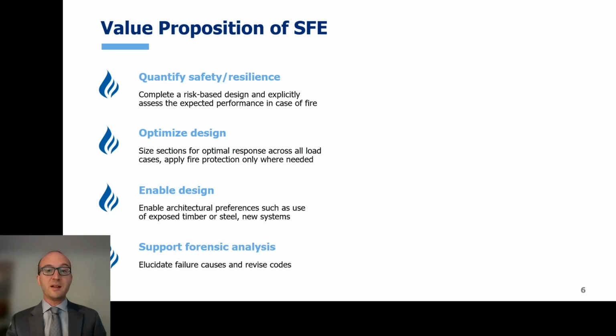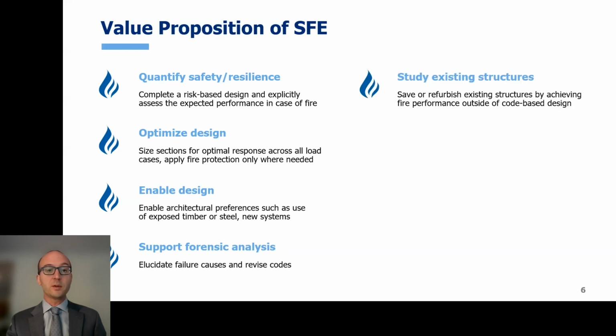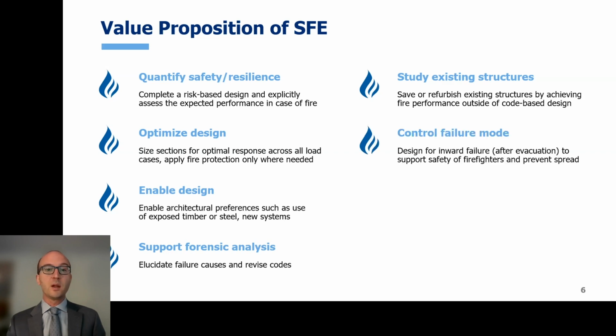Support forensic analysis is another case where computational modeling for fire is required. Study existing structures, study the fire safety strategy of heritage structures, where again, code provisions would not be applicable or would, I would say, hurt the heritage value of the building.